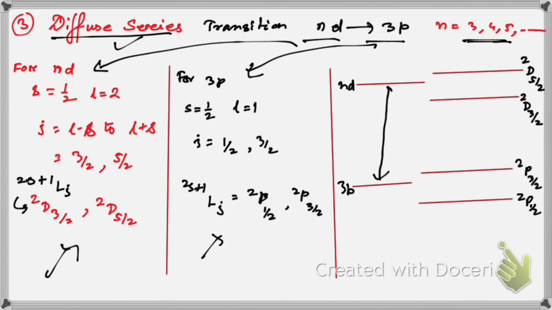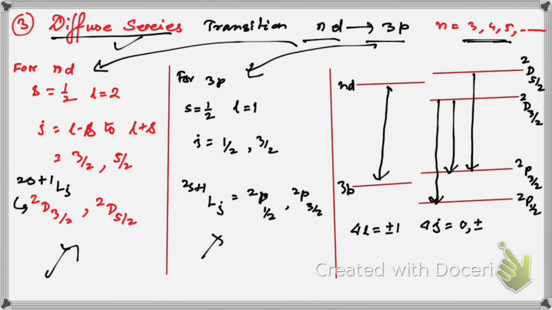Let me show you this one and this one and this one. So we must obey this selection rule, Δl plus or minus 1 and Δj, that's going to be 0 or plus or minus 1.